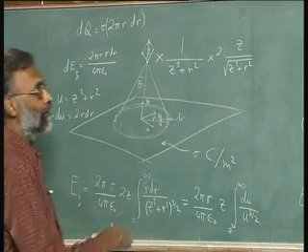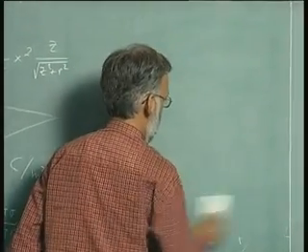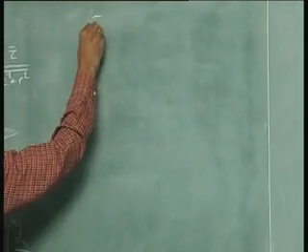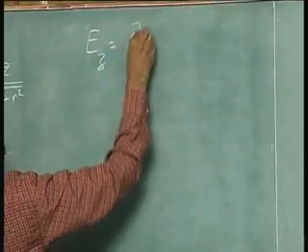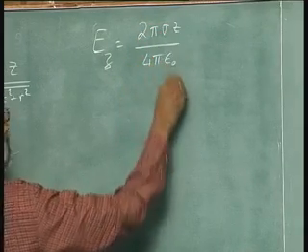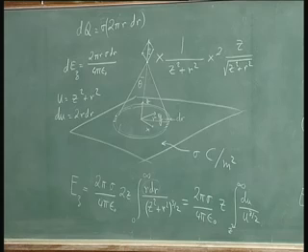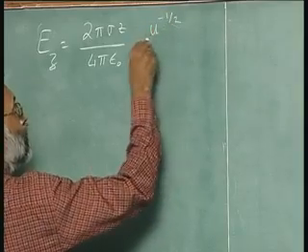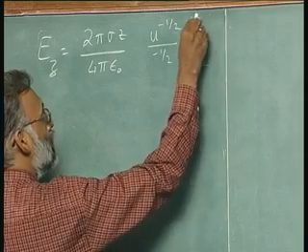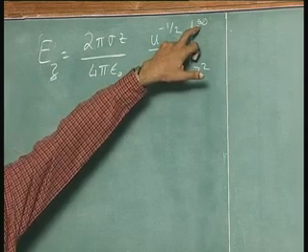Solving that, you get the answer, and I will just write it down. You get Ez is equal to 2 pi sigma z over 4 pi epsilon naught, u to the 3 halves becomes u to the minus half over minus half, evaluated from z squared to infinity. 1 over square root of u at infinity goes to 0.